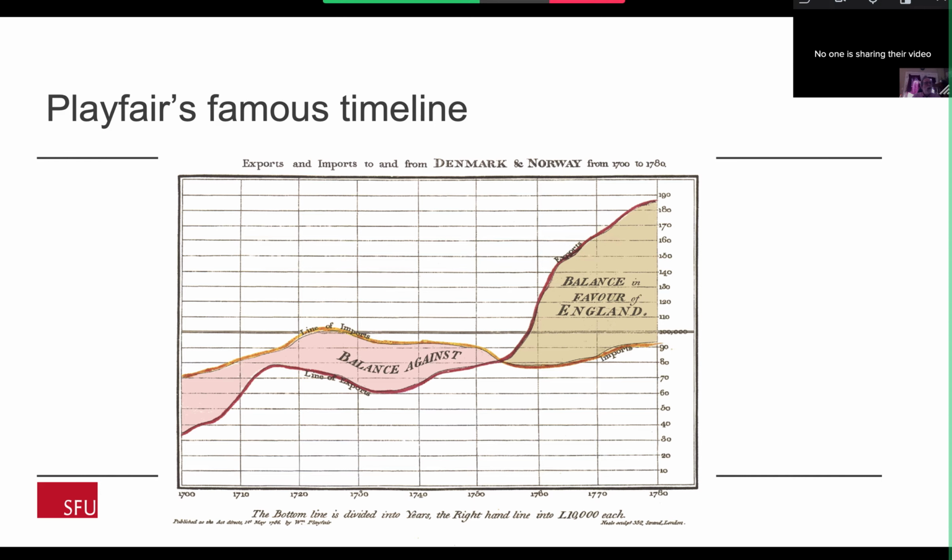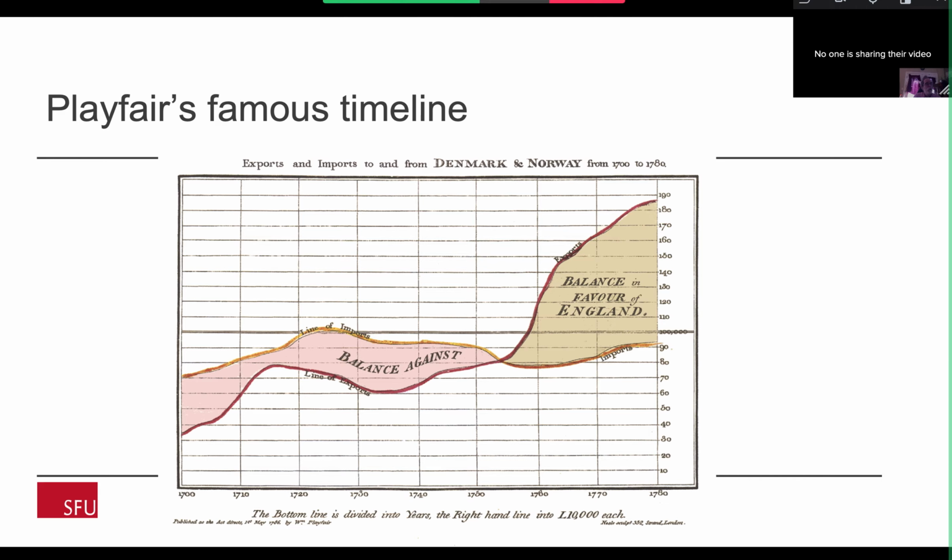These timeline visualizations go back a long way. There is a long history of doing timeline visualizations. This one is from the 1790s. It's by a guy named William Playfair.